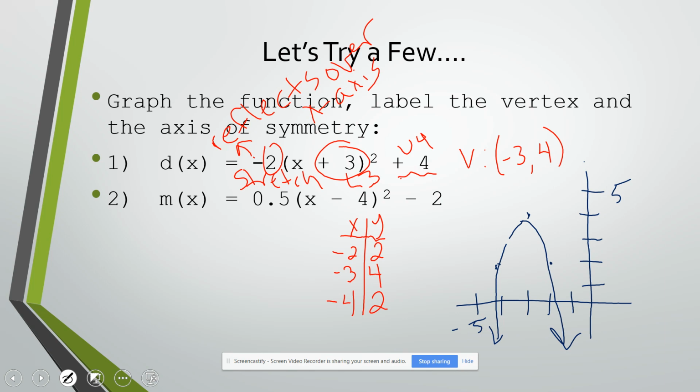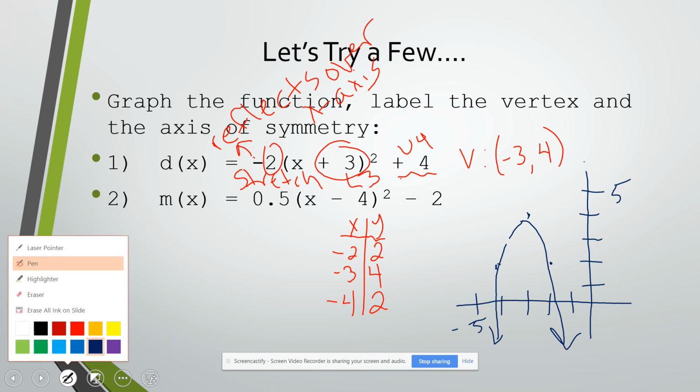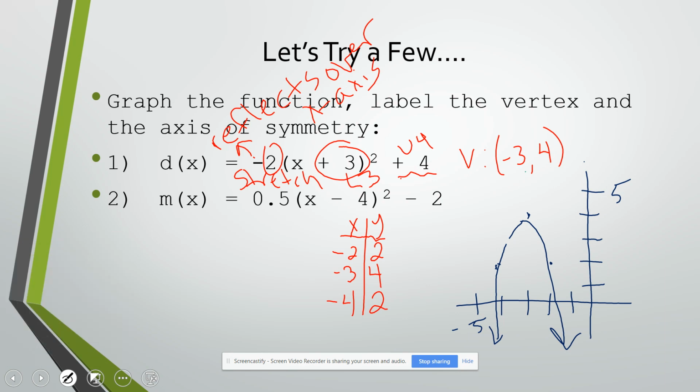So here's a sketch of our graph. Now our axis of symmetry, or that line that we can draw straight through the vertex, is at x equals -3. Because if we know this, then we know our AOS, our axis of symmetry. And then we're going to include that axis of symmetry on our graph now.